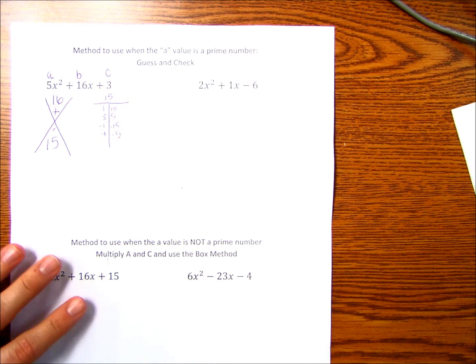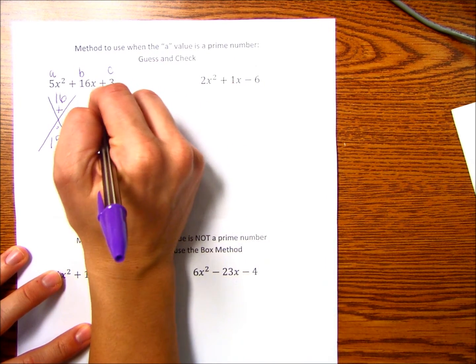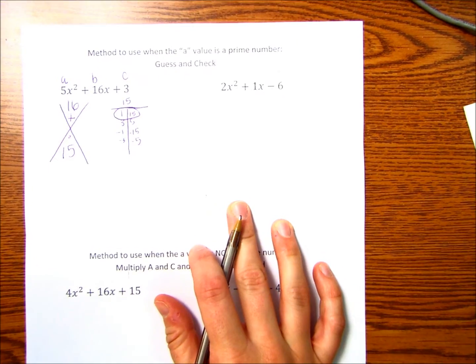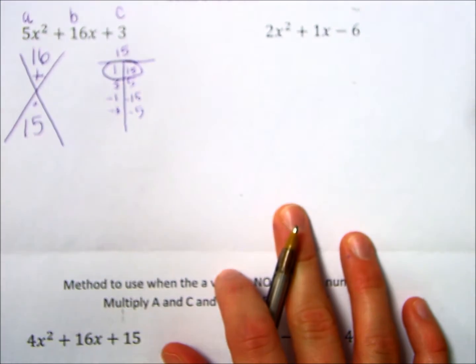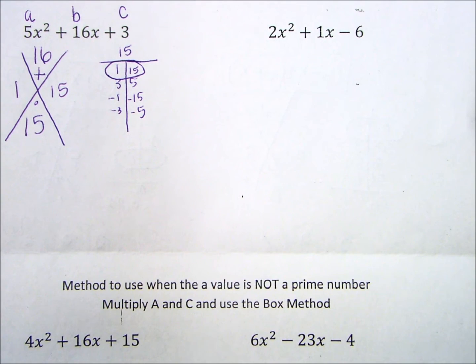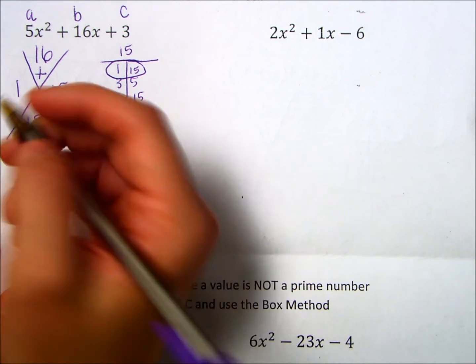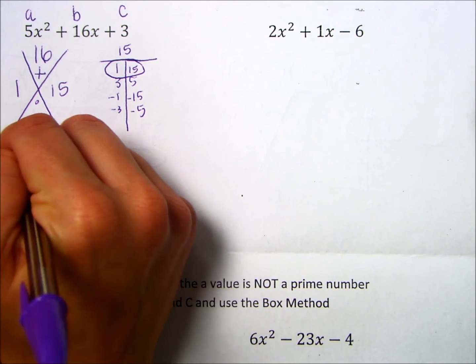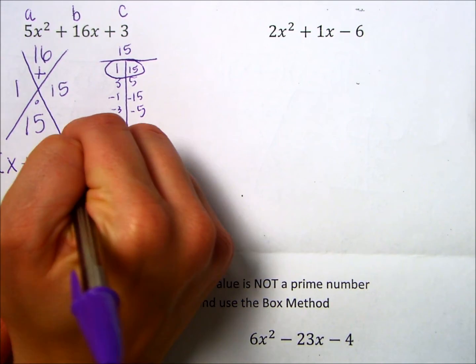And I see and know that 1 and 15 are the two numbers that do it. So 1 and 15, those multiply to give me 15, but add to give me 16. So I'd write it the same way, x plus 1 times x plus 15.